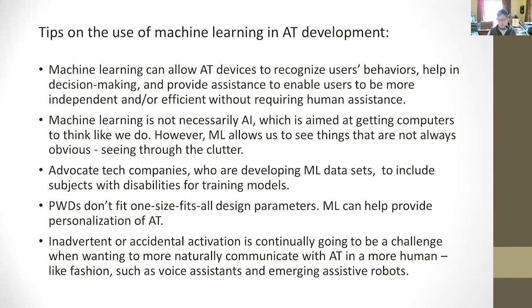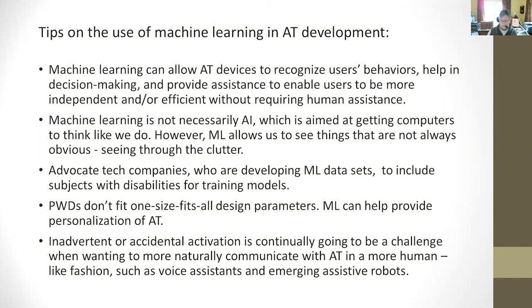Because as we know, persons with disabilities do not fit one-size-fits-all design parameters. So there also needs to be an allowance or a procedure to allow machine learning to understand or adapt to people with disabilities for a more personal and more effective experience.